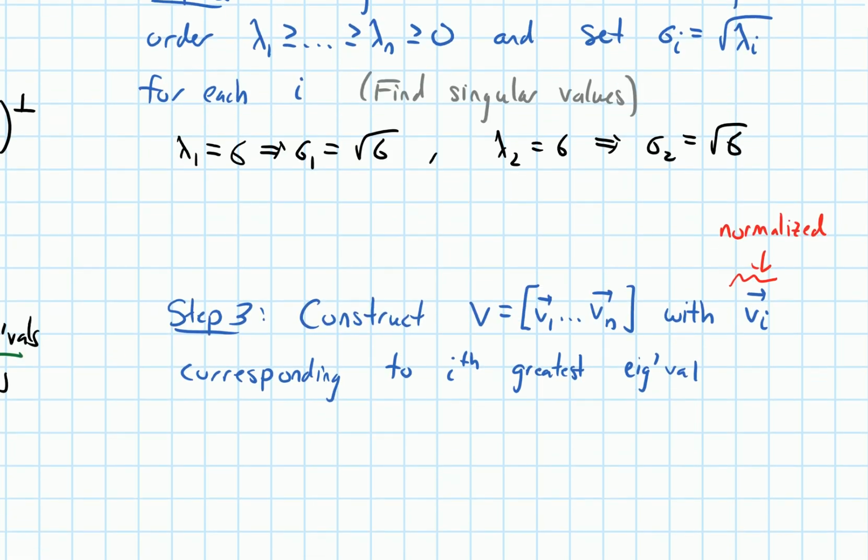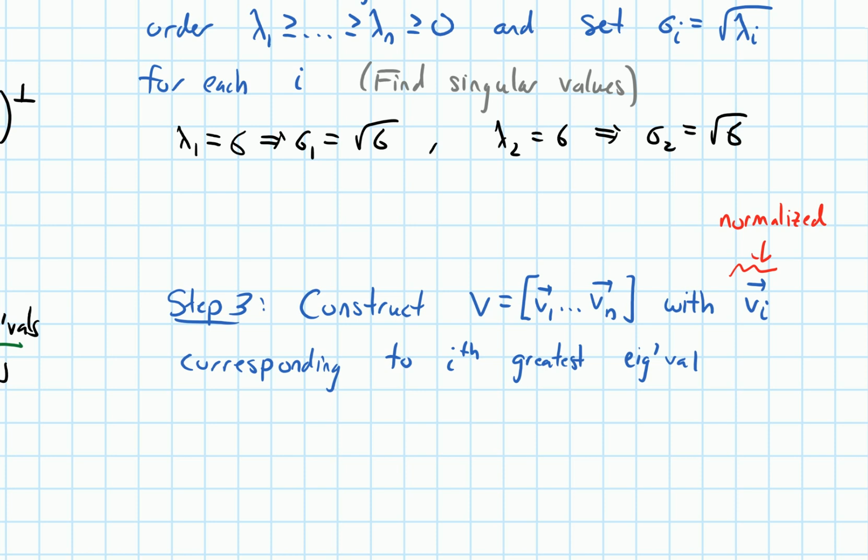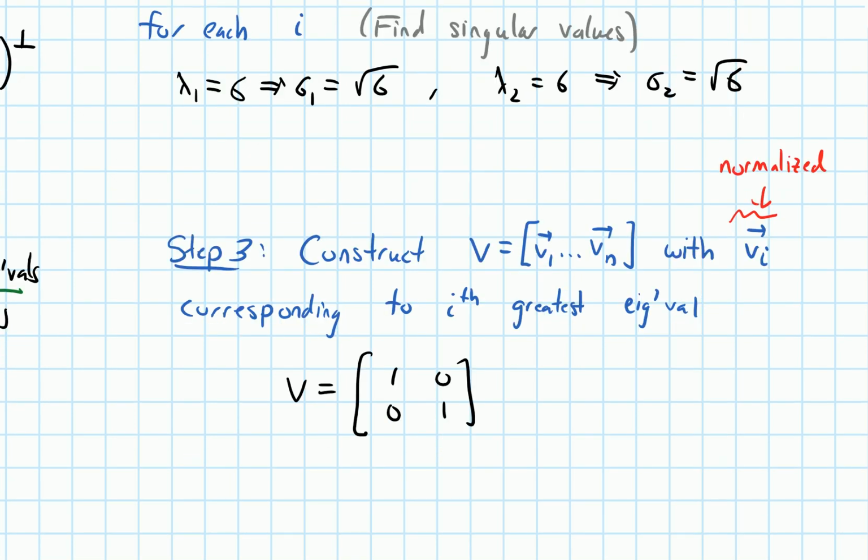When we form V, those vectors we got earlier were already normal, which is nice. In fact, they were the standard basis vectors, 1, 0 and 0, 1. Usually that won't happen, but we got lucky here. The first column corresponds to our first singular value, sigma 1, which was root 6. And the second column corresponded to the next singular value, which was also root 6.